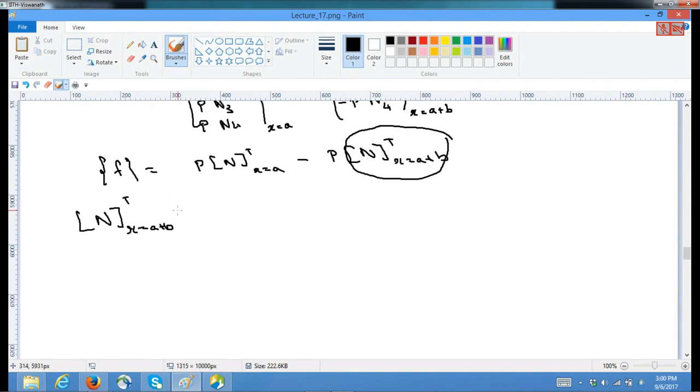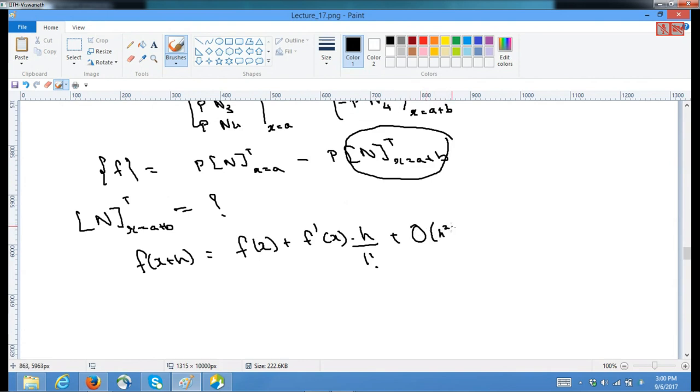So if I want to do this one, let us use f of x plus h is equal to f of x plus f dash x into h by 1 factorial plus other higher order terms, which I will just remain as error or O error function, which converges as h square in this case.